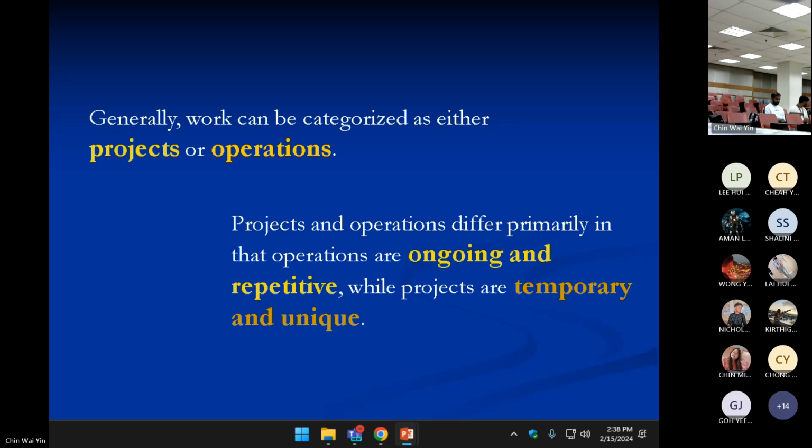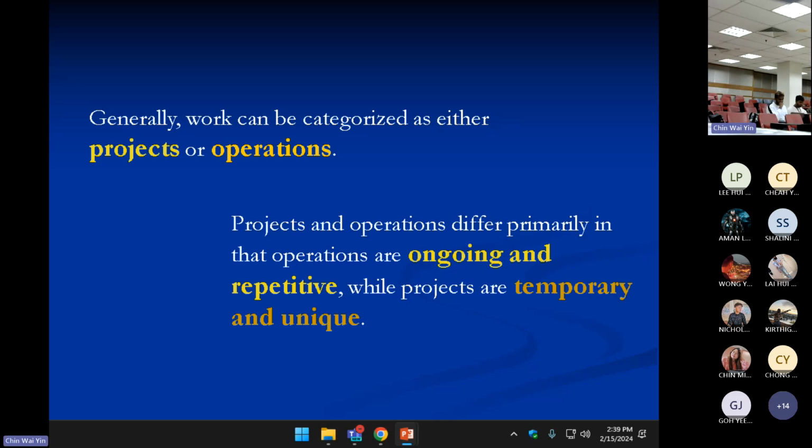So it's ongoing, isn't it? As long as the company is a going concern, using the terms of accounting, they will continue every day to perform their business operations. So operations are ongoing, whereas projects are temporary.